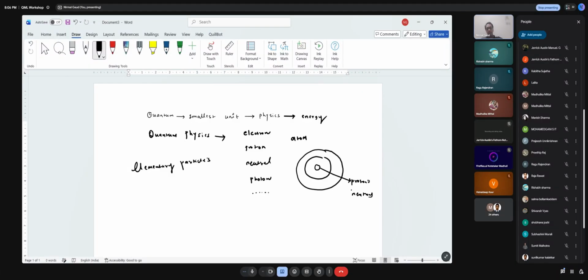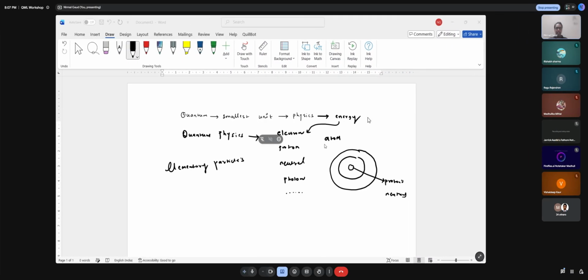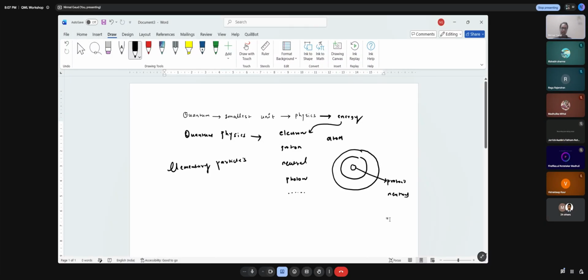That is what we study in quantum physics, because these particles represent the energy levels possessed by them while revolving. They also have a property: electrons represent negative, and protons represent positive. Neutrons are neutral in nature. That is what we call charge.